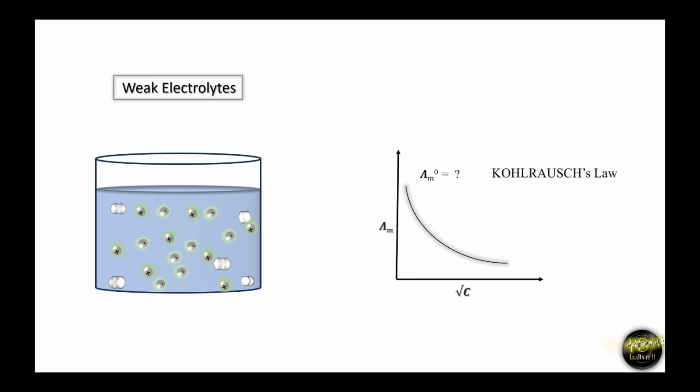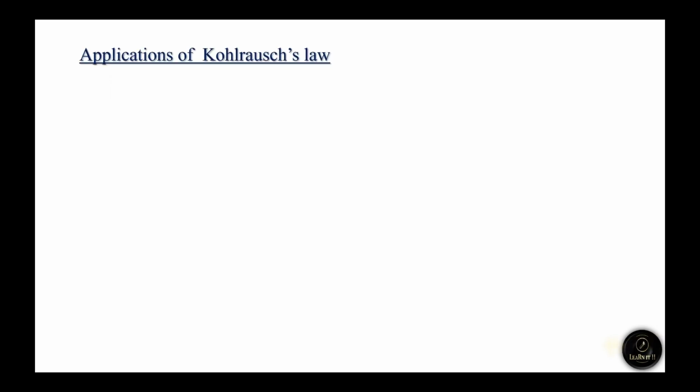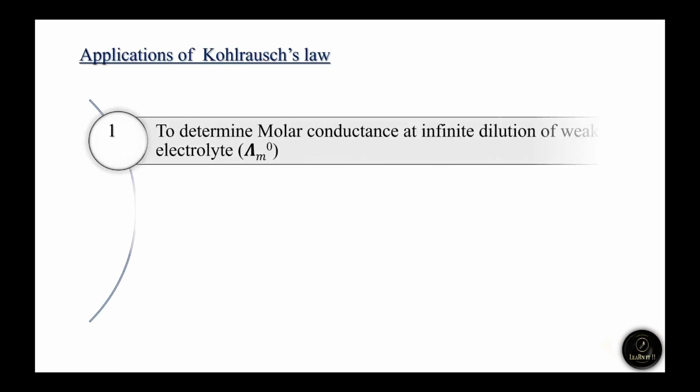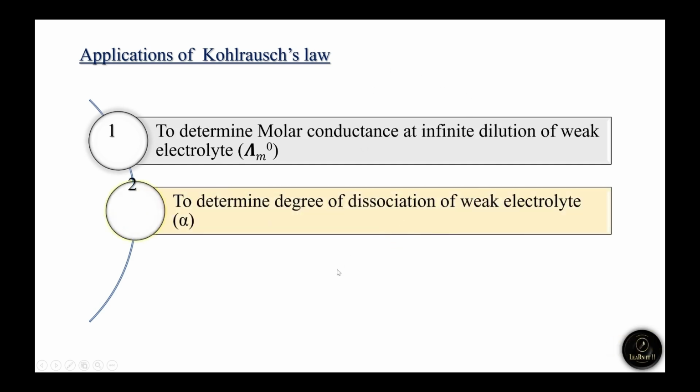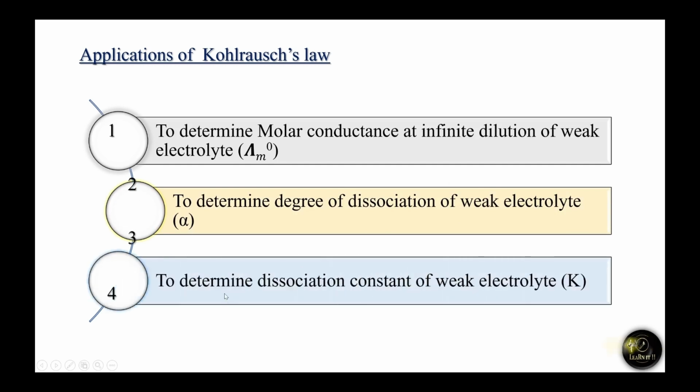So let's look at the applications of Kohlrausch law. The first application is to determine the molar conductance at infinite dilution for weak electrolytes. The second is to determine the degree of dissociation of a weak electrolyte, that is alpha. The third is to determine the dissociation constant of a weak electrolyte, that is Kd or K.